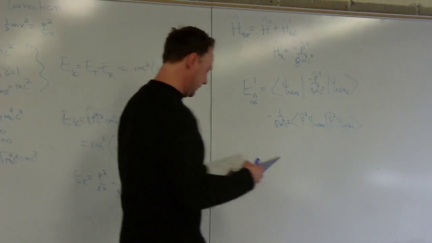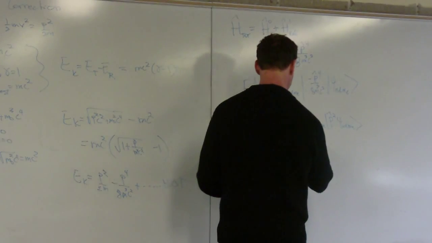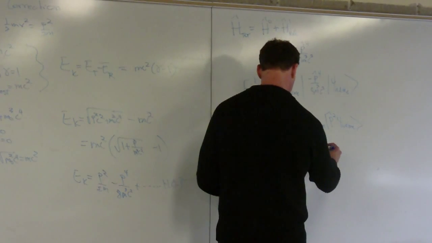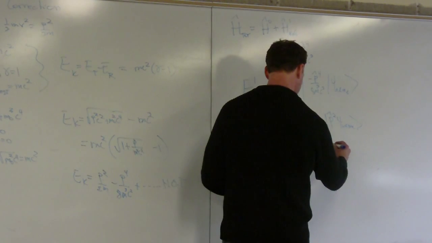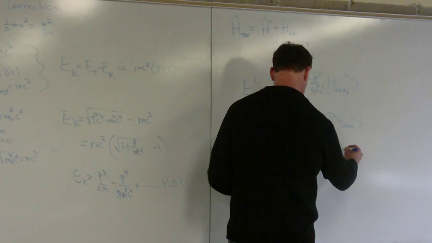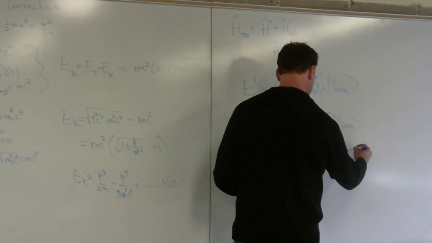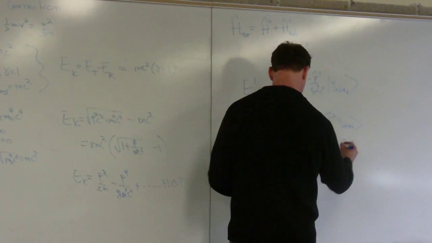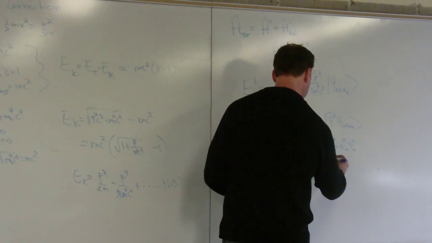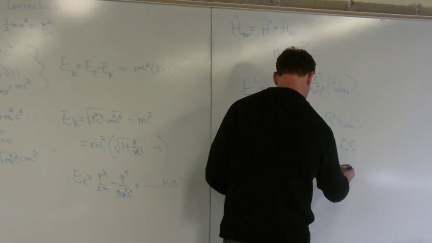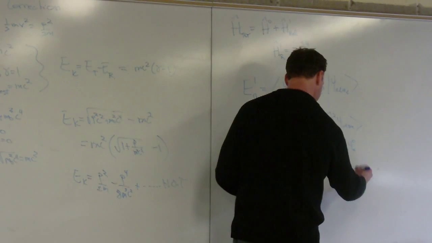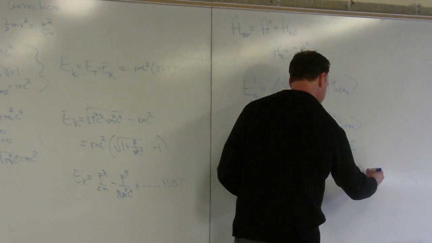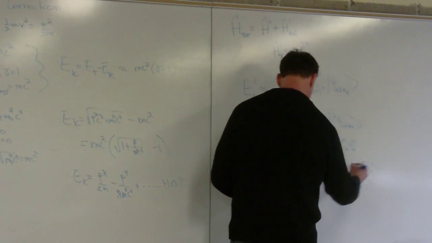And then here's the trick. The trick is H0 psi n0 equals En0 psi n0, which is p squared over 2m plus V times psi n0 equals En0 psi n0.